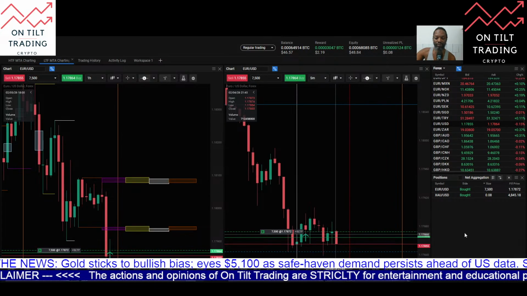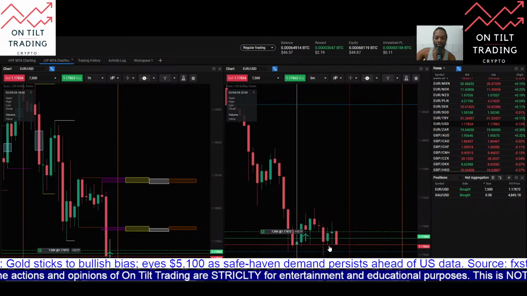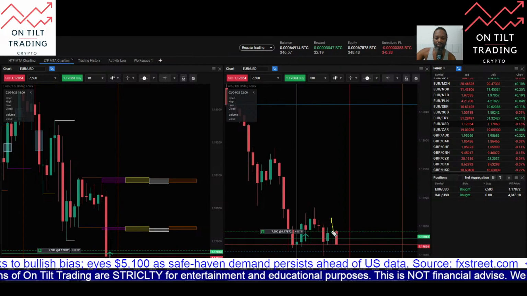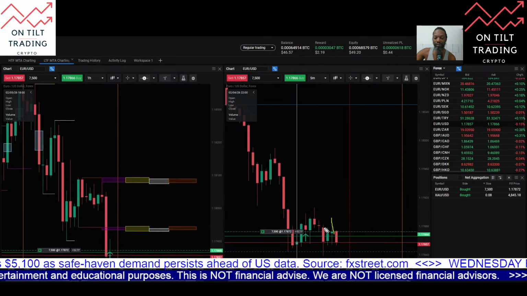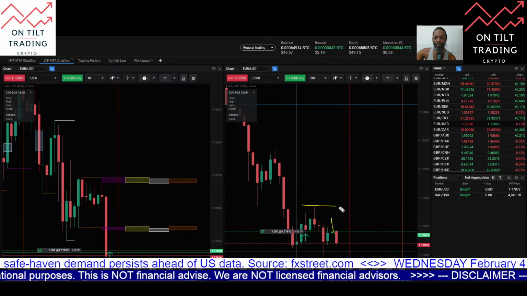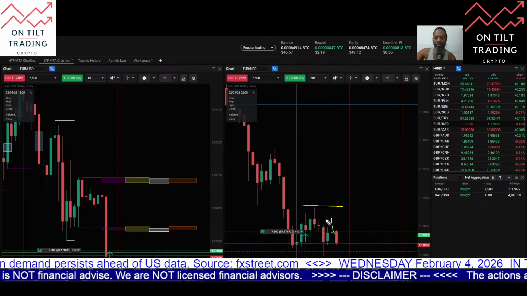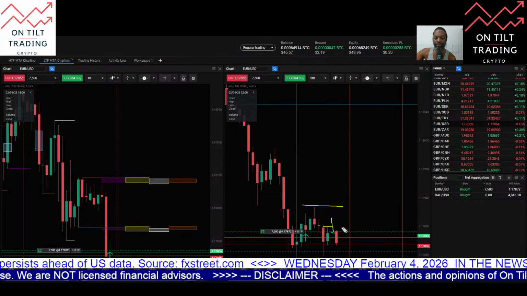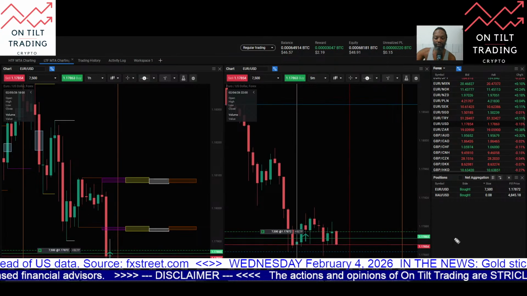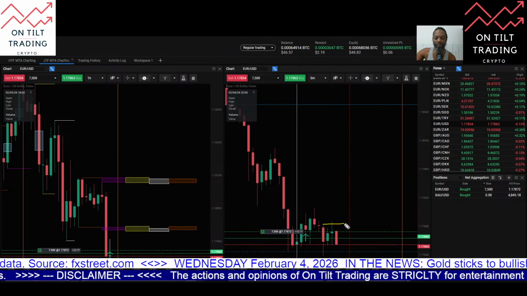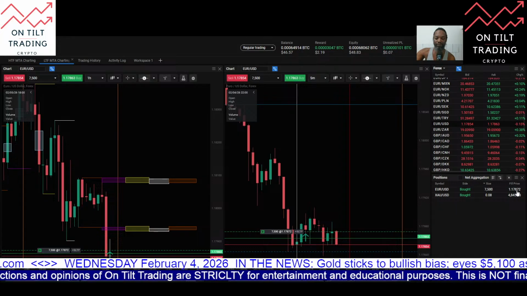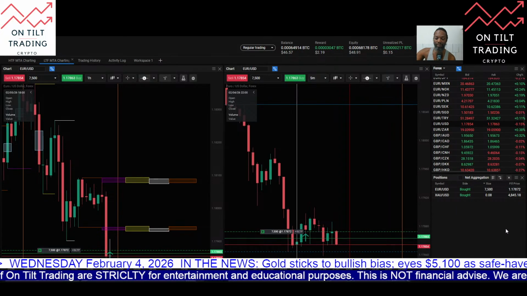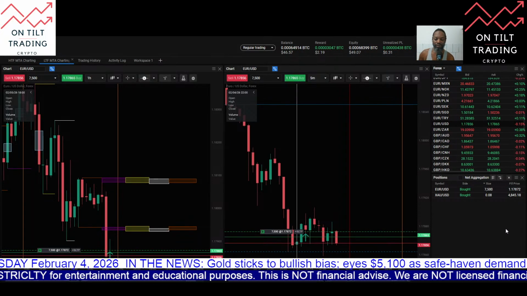But right now, just weak price action with this wick coming up and not causing a break of structure, but putting in a new 5-minute high and also a new 10-minute high here. So we'll see if that's enough to keep price delivering here to the buy side.